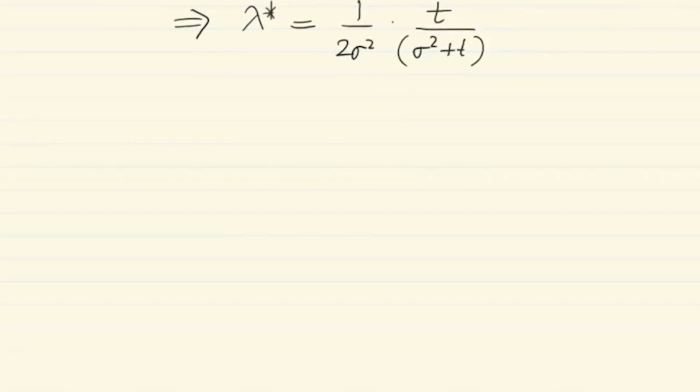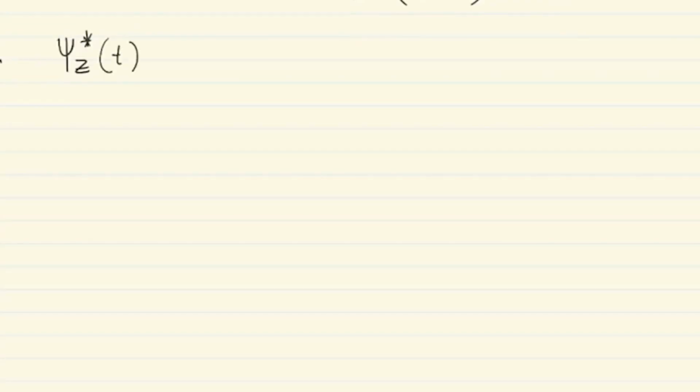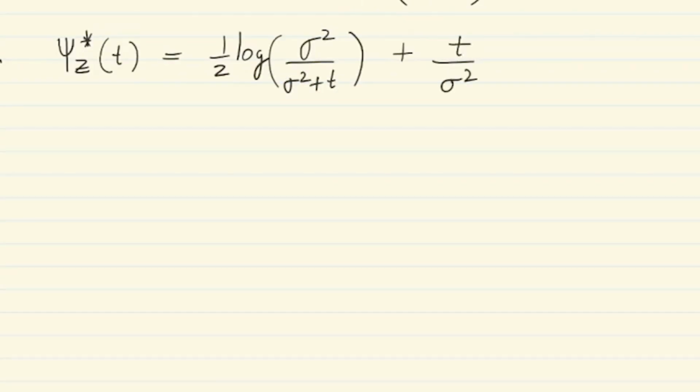So substituting this value of lambda back, we get that Cz star of t equals half log of sigma square by sigma square plus t, all divided by sigma square, whenever t is greater than 0.